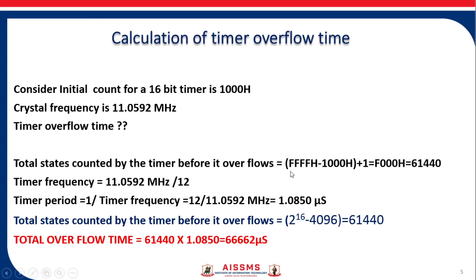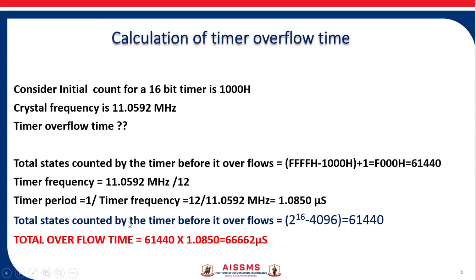You can use this formula, FFFF minus 1000 plus 1, and you'll get the total number of states counted by the timer before it overflows. If you do it in decimal, then you don't have to add that one.